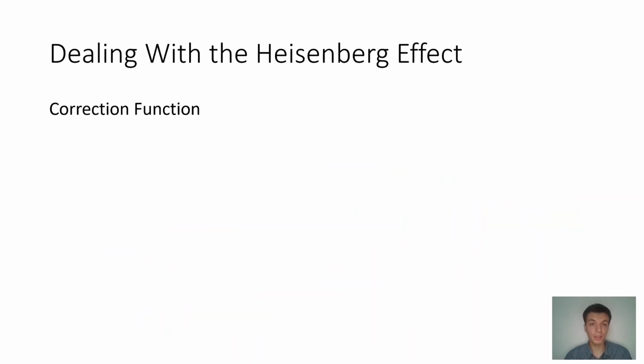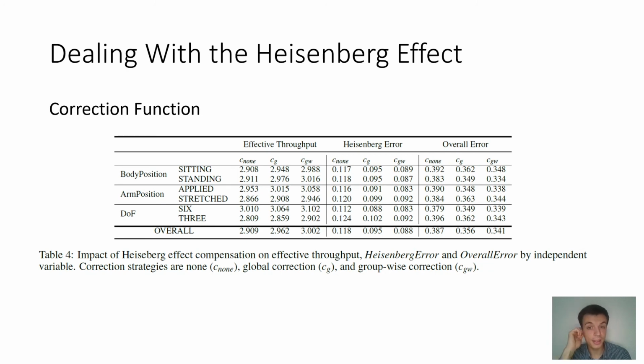So what we propose as the final solution is to use a correction function. To this end, we collected the data of our offset vectors that happened globally, so disregarding the conditions, and by condition. So this is what we call the global correction and the groupwise correction.